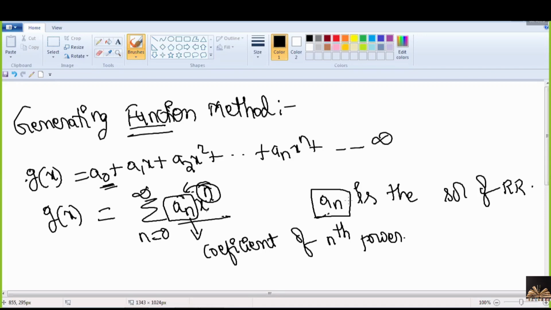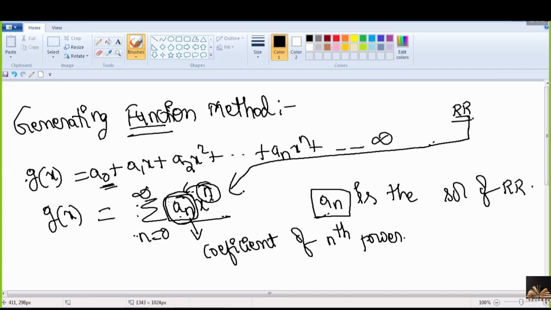Right? Now using this generating function, if a recurrence relation is given, whatever the relation, you have to rewrite that recurrence relation to get the format of summation of n equal to 0 to infinity of an into x power n, where you write the solution as an.